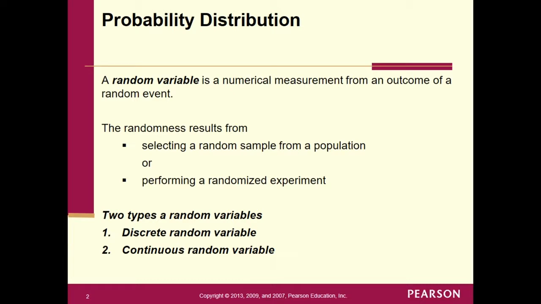This is a little weird as far as how the book was set up. 6.3 goes into a specific discrete random variable, so I think the way we should handle this is that we're going to go over 6.1, and then go to 6.3, because 6.3 gets into a very specific discrete random variable that we have to learn. So I'm going to put those two together, back to back, 6.1 and 6.3, and then we'll head back to 6.2, the continuous stuff.